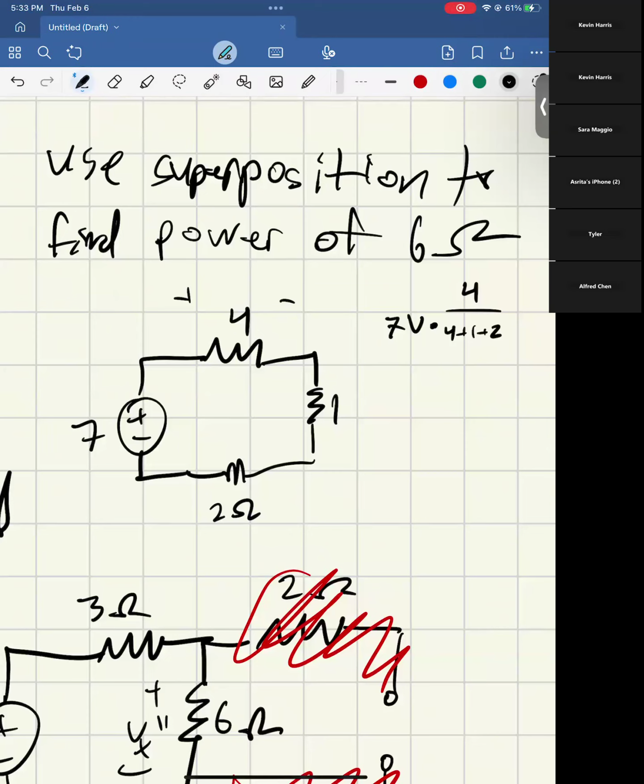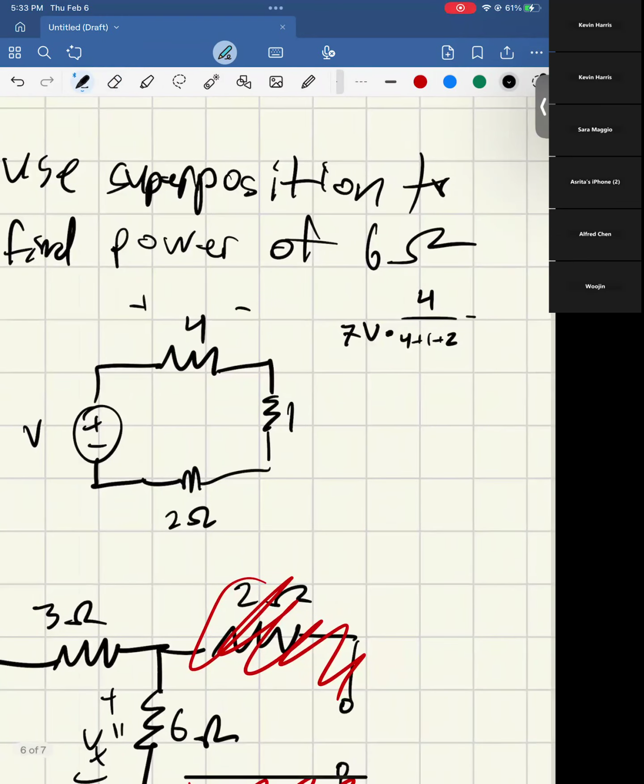So if it's 7, you get 4 over 7 times 7, which would be 4 volts. If this was 8 volts, it would be 8 times 4 over 7.